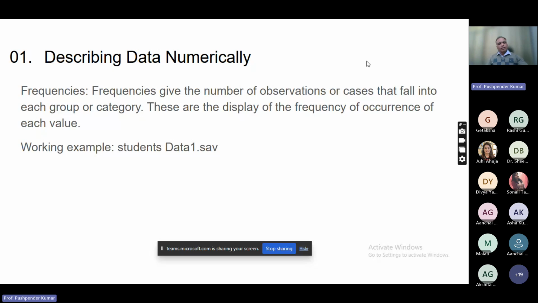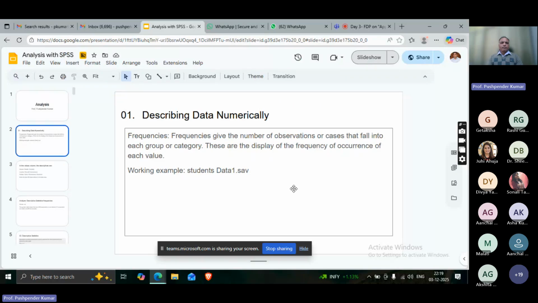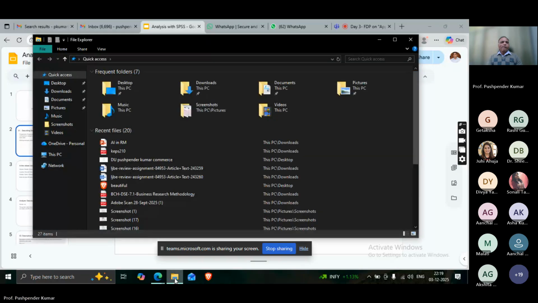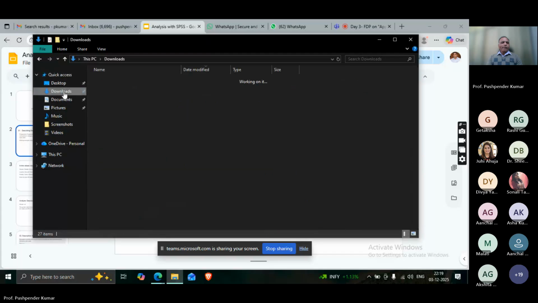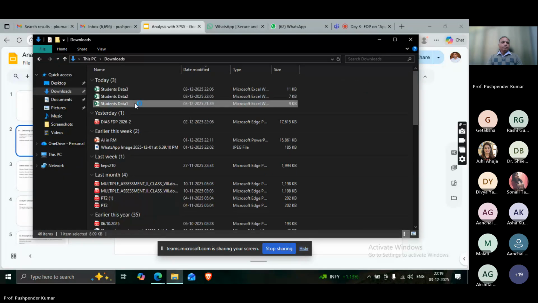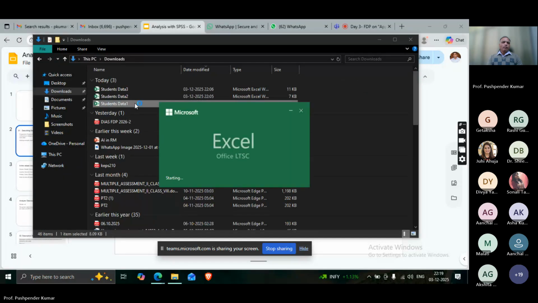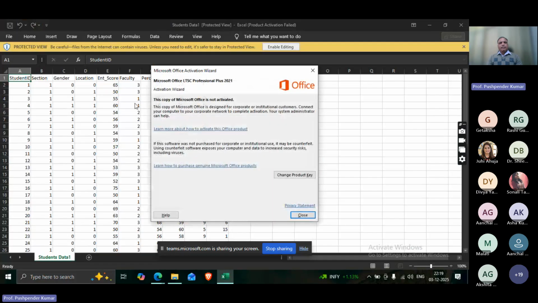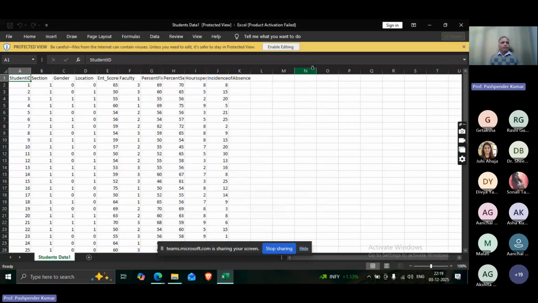Student data 1, I show you this data first. Just give me 1 minute. This is the data, ladies and gentlemen. So first, student ID. Which section are they in? Gender, location, entrance exam score, faculty, right?